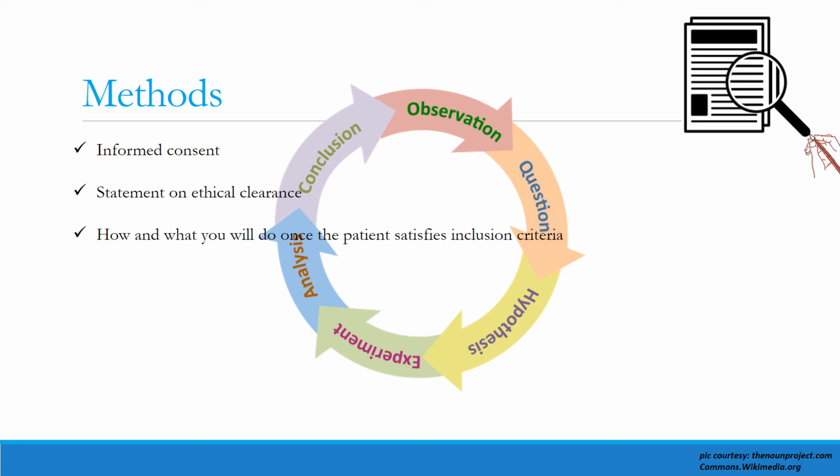Like once the patient has been admitted, you see that he fulfills all the criteria for inclusion in the study. How will you proceed next with the patient? Data recording, how will you record manually and how will you enter the data in the software? Which software and what statistical tests you'll use? What value of P will you consider significant if your results come true?